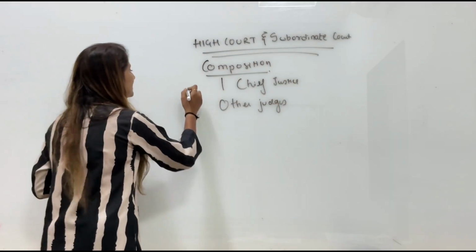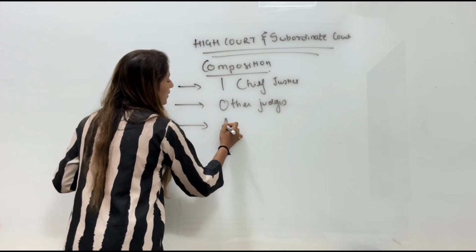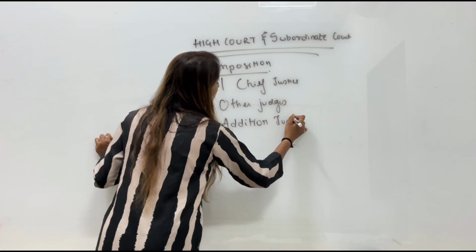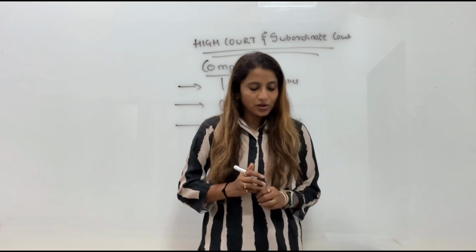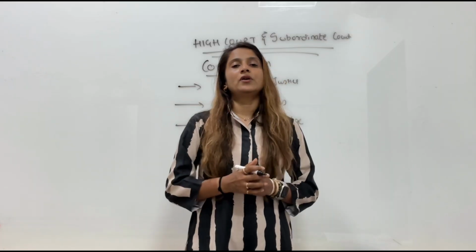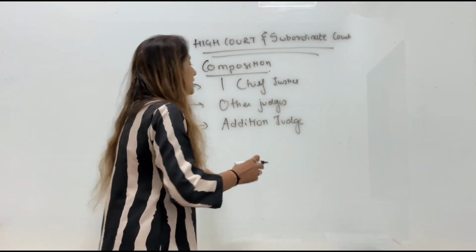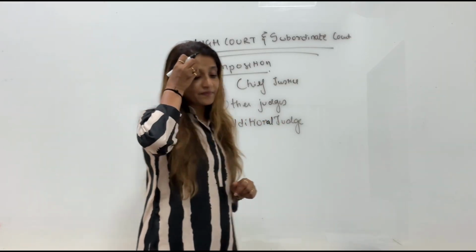Besides that, every state will also have one additional judge who can be appointed for not more than 2 years to clear the arrears, the burden of pending work. Remember, he cannot be appointed for more than 2 years.